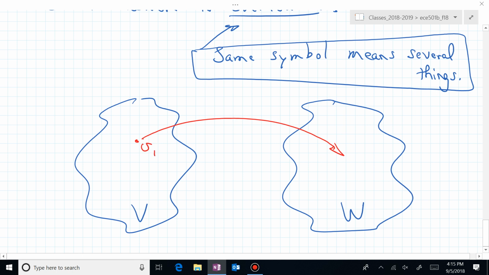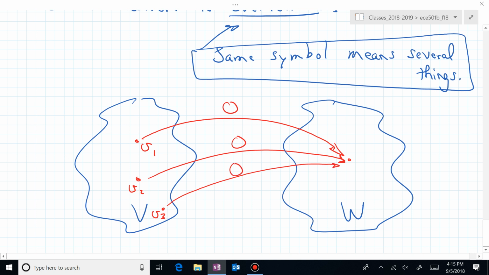And where do I go if that's the zero map? If I now go mapping v2 through the zero map, where do I go? The same place. So now I'm mapping to here through the zero map, and maybe here's v sub 3.